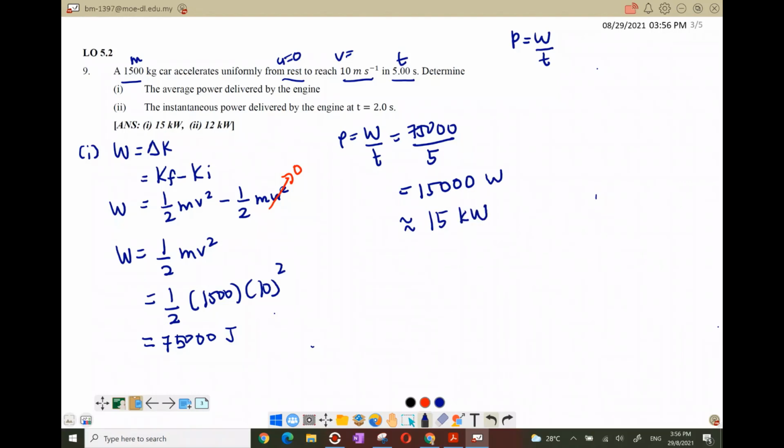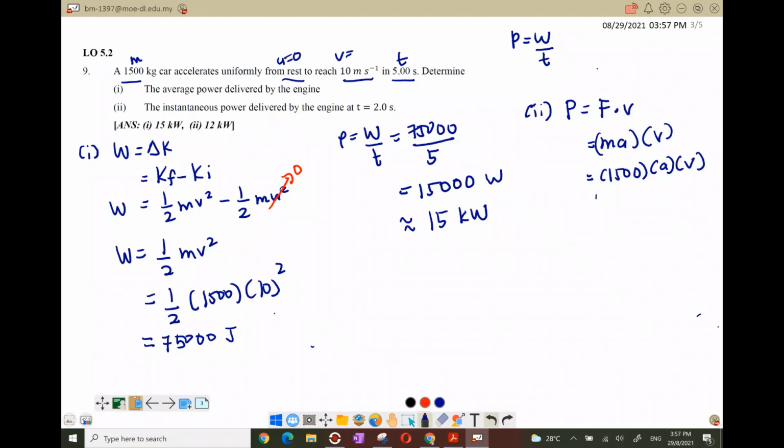Then number 2, the instantaneous power delivered by the engine at t equals to 2 seconds. To find out the instantaneous power, the formula is P equals to F dot v. F is equals to ma, then times the velocity. Mass is 1,500. So the a we need to find out, and the velocity we also don't have.